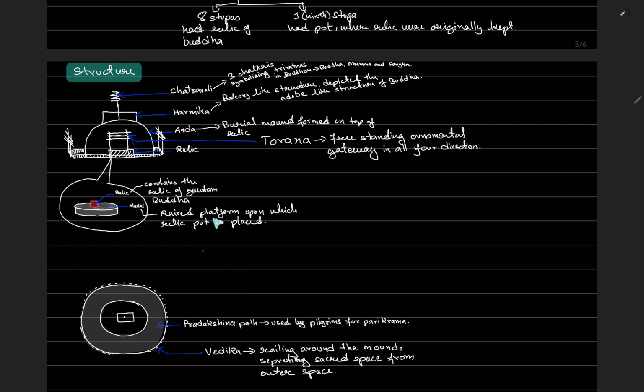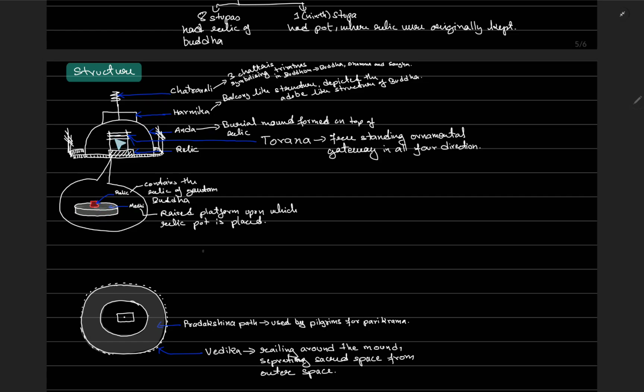A medhi is a raised platform upon which the relic pot is placed. This pot contains the relics of Gautama Buddha, which are considered highly sacred, and it is kept inside the stupa.